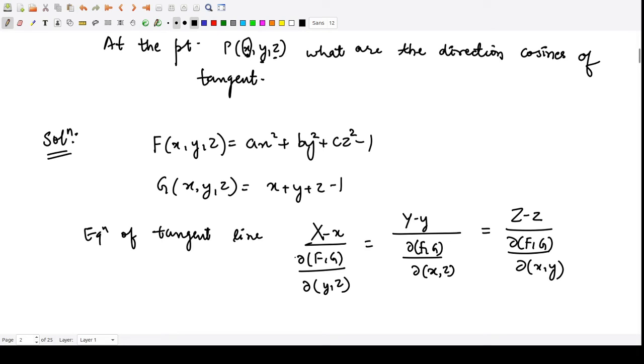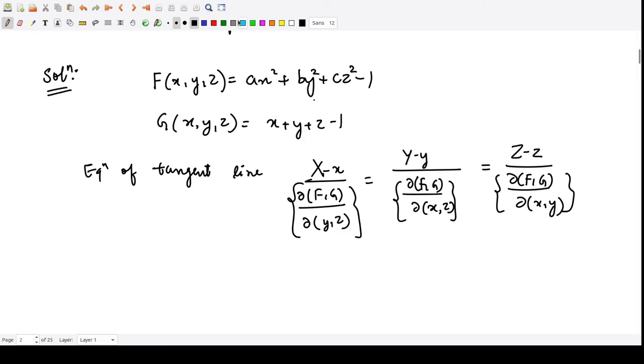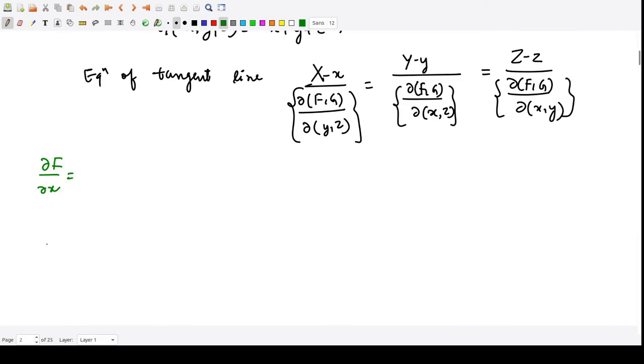So that means firstly we have to calculate each of these Jacobians. So let us do that. For that, what would we require? We will need all these terms: ∂f/∂x, ∂f/∂y, and ∂f/∂z.